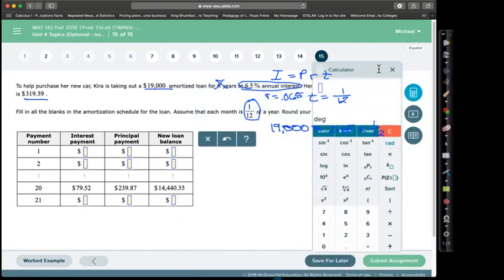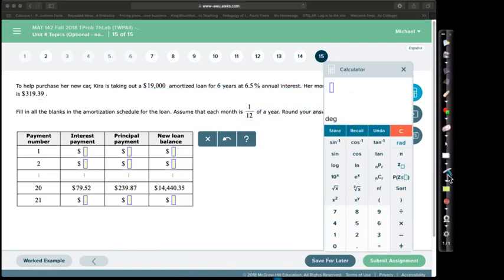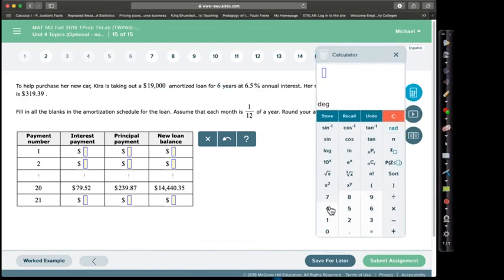Let's clear everything else off. So we're going to have 19,000 times 0.065, times 1 divided by 12.